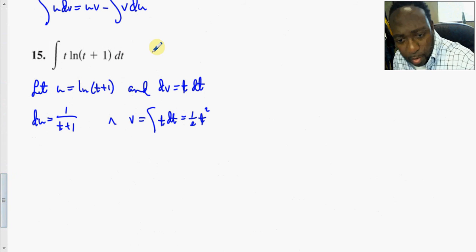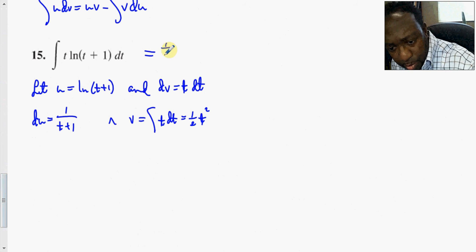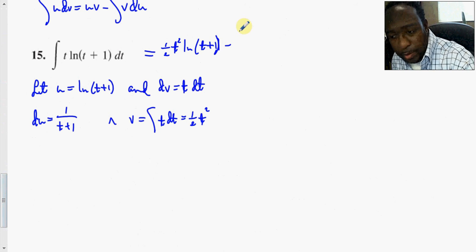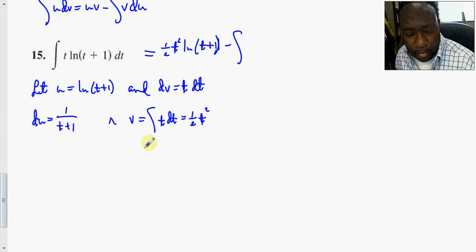So using the formula, this becomes u times v. So this is 1/2 t squared times the natural log of t plus 1, minus the integral of v du.